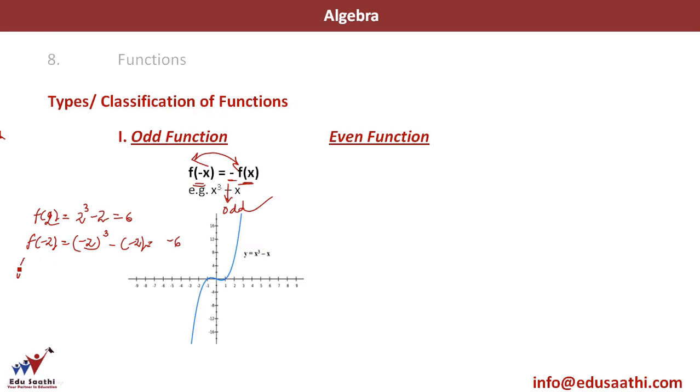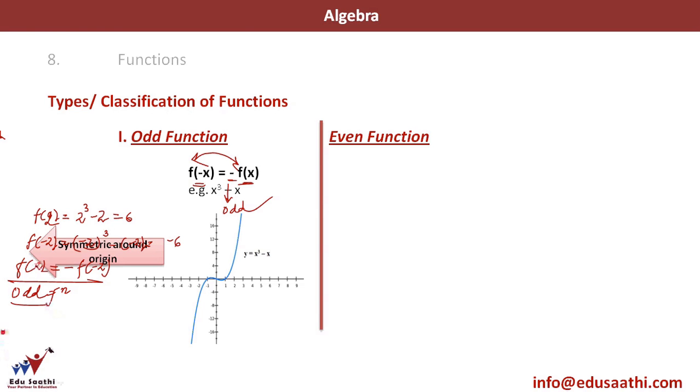So if I look at it, my f of 2 and f of minus 2 are similar in magnitude but opposite in sign. Such a function which satisfies this definition is known as an odd function. A thing to remember is an odd function is always symmetric around the origin.